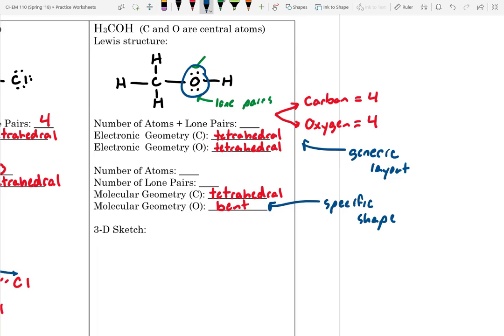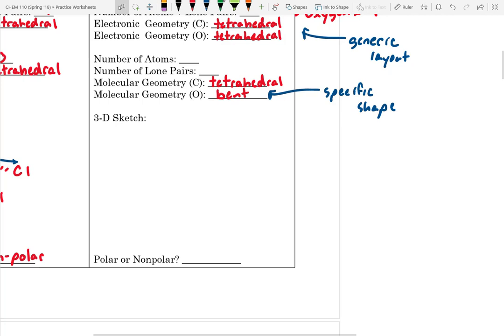All right. Then the tricky thing, again, is determining the 3D sketch. So just like before, we'd say we've got a central carbon atom. Actually, let me keep it the same color. That's tetrahedral.